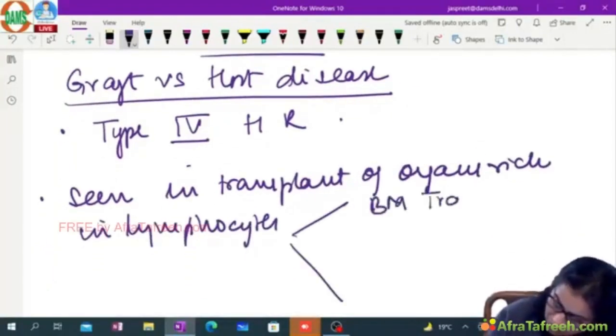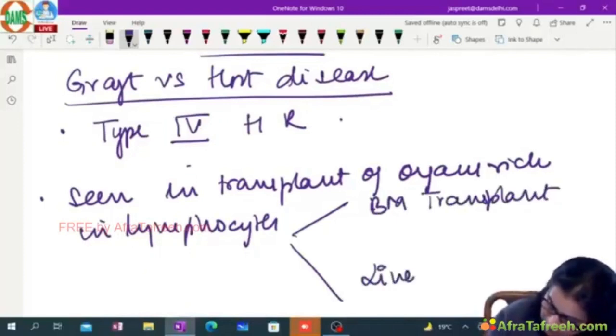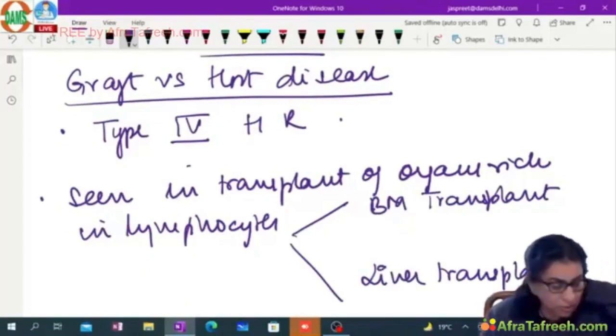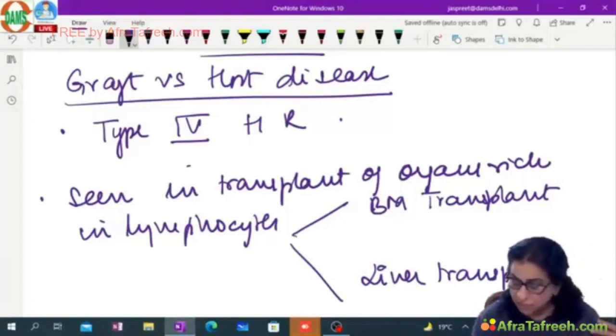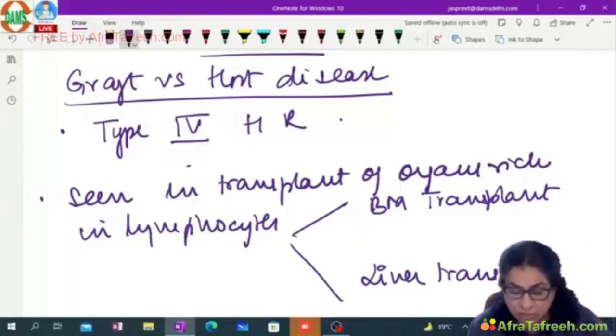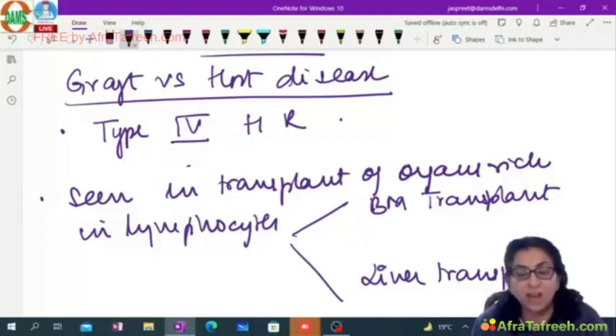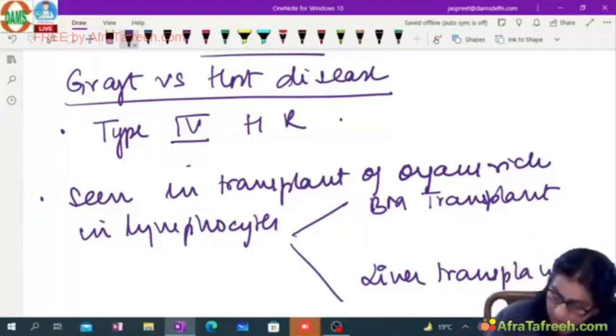It is a complication of bone marrow transplant or liver transplant. So when you do a bone marrow transplant or a liver transplant, this complication, graft versus host disease, can occur.